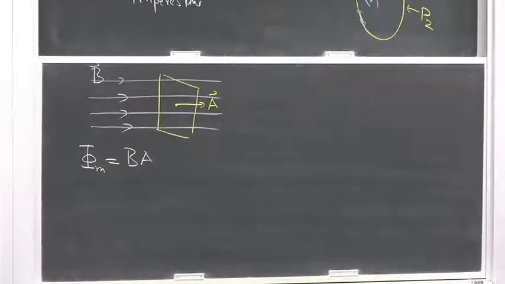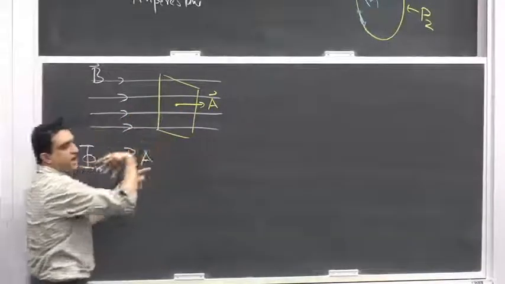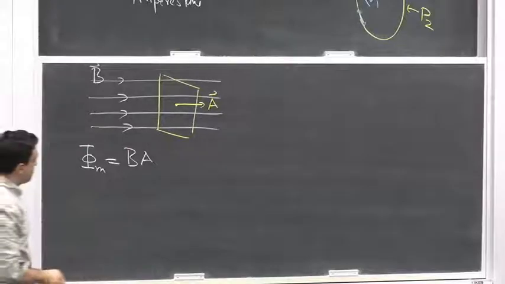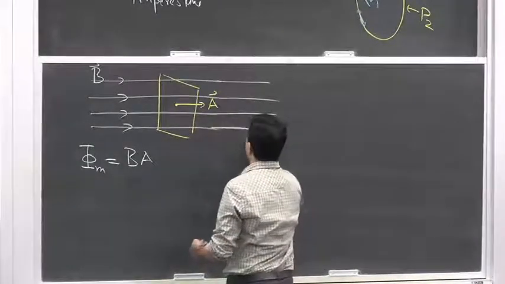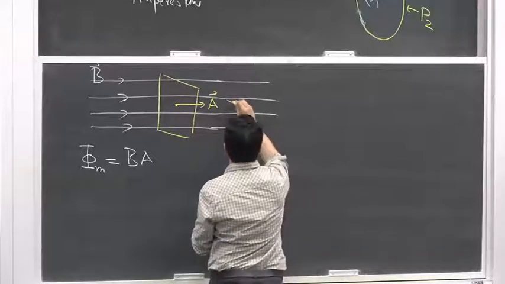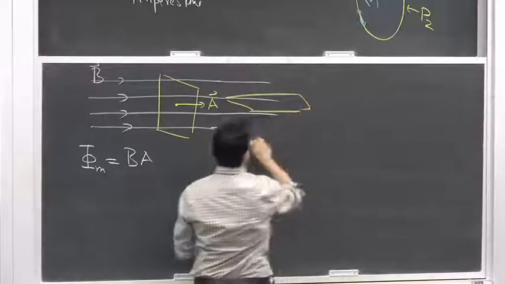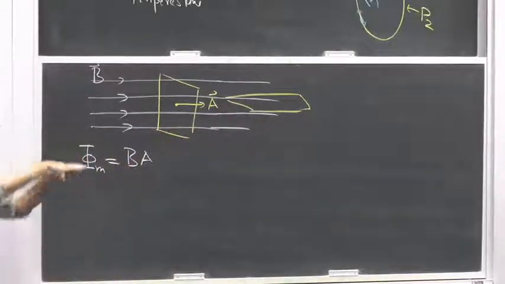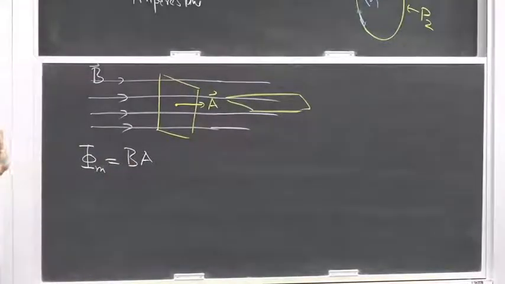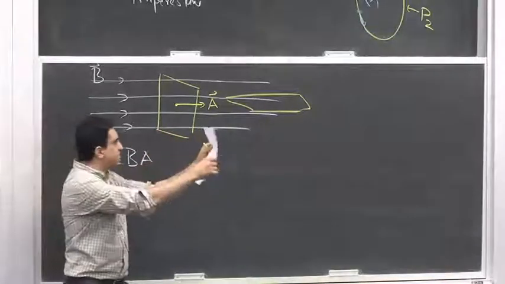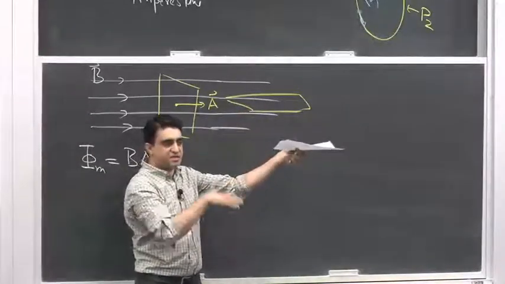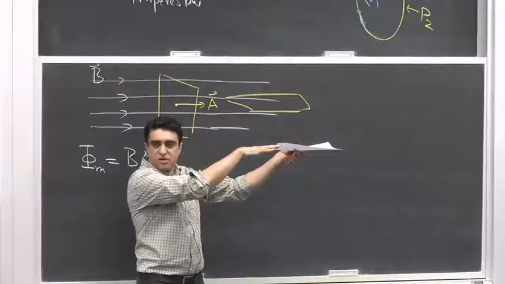All the field lines facing the face are crossing through the surface. But if I have a surface which is lying parallel to the field lines, no magnetic field lines would pass through it.